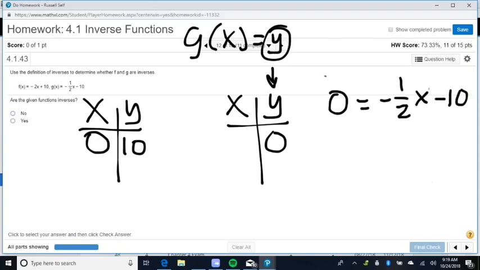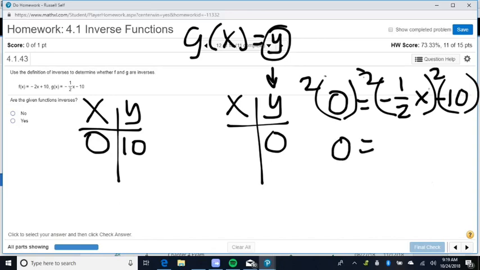And you could reverse these so that you're not always working with the fraction one. This one would be easier to put the 0 here and work it out and get rid of the fraction quite easily. But it's not hard to get rid of a fraction of 2. Just multiply everything by 2. Watch those signs. 2 times 0 is 0. These 2's will divide away, so that gives me negative 1x. 2 times negative 10 is negative 20, right? Negative 1x is the same as just plain old negative x.